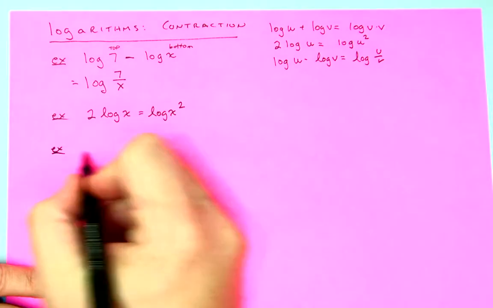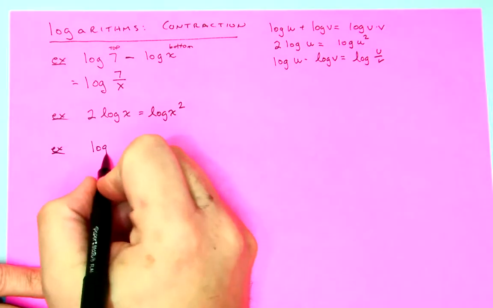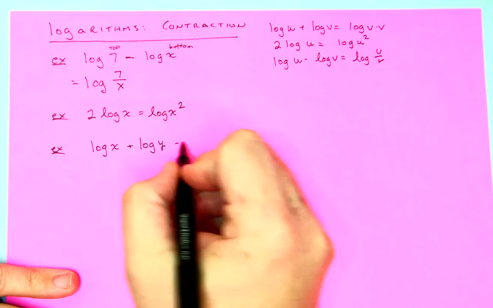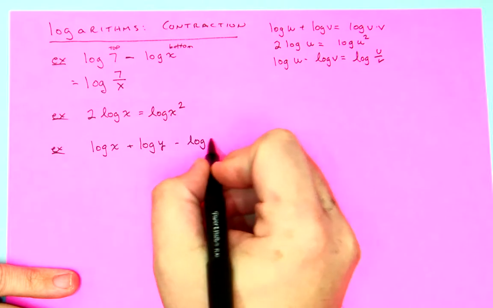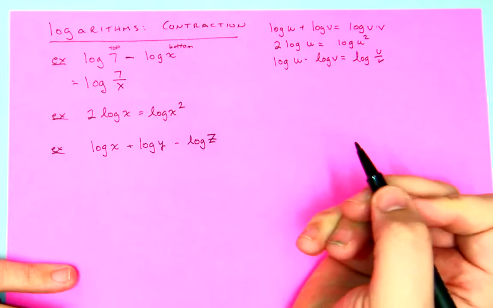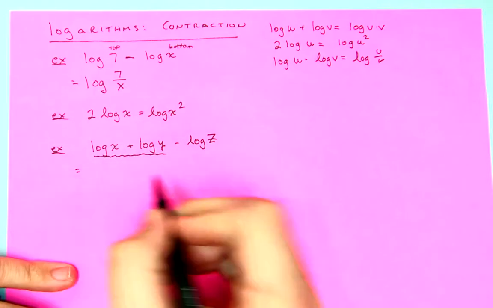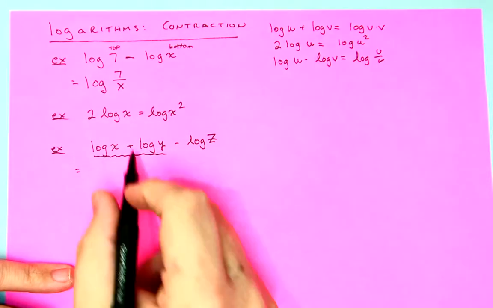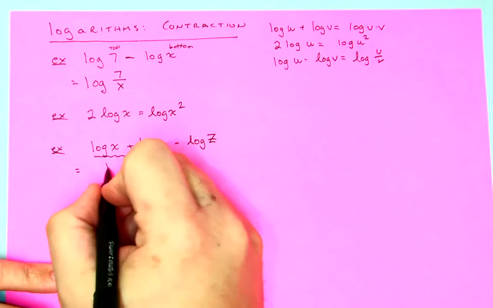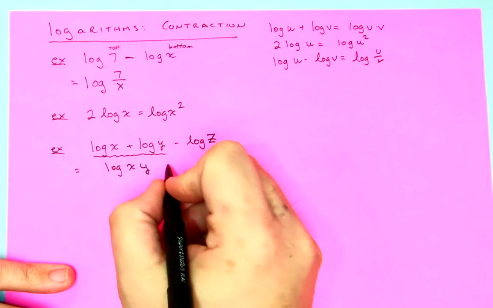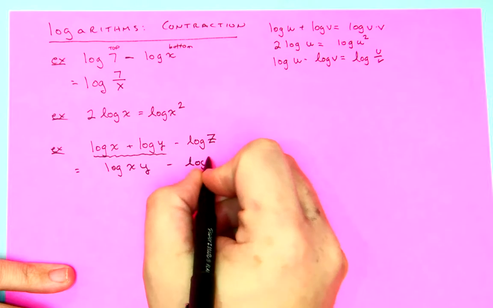If you get more complicated, you have log of x plus log of y minus log of z. Start here. Say to yourself, alright, well that's adding, so that's multiplication. Log of xy minus the log of z.